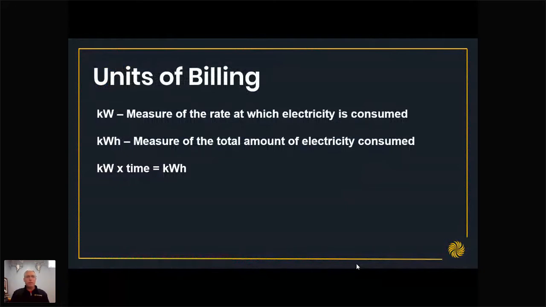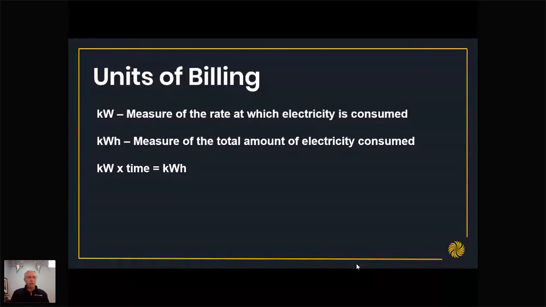So large fixtures, say, high horsepower electric motors, take a relatively high number of kilowatts, or kW, to operate. Things like lights, for instance, will take a very low number of kilowatts to operate.